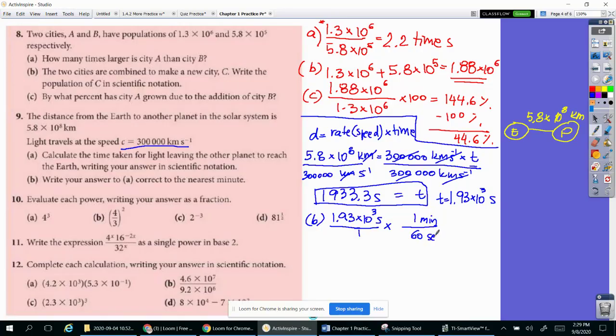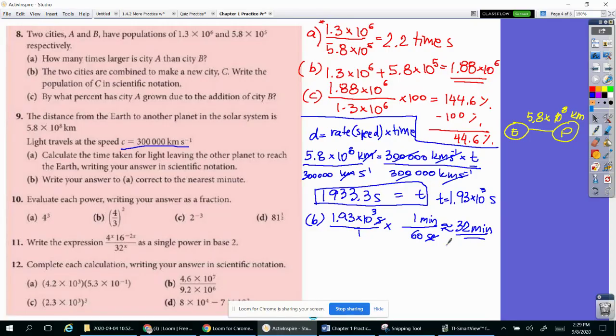The reason we're setting this up is we want to cancel seconds and seconds. And so now to find out how many minutes this is, we're going to take this number and divide it by 60. And this turns out to be approximately 32 minutes.